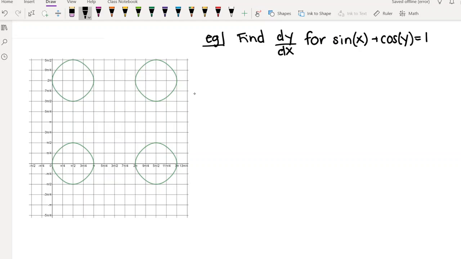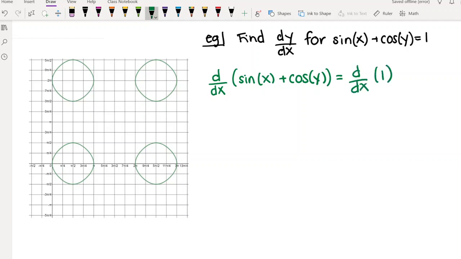So the first step is to take the derivative of both sides, right? We're going to do d dx of sine of x plus cosine of y is equal to d dx of 1. So now we can break this down and take the derivative of each piece.